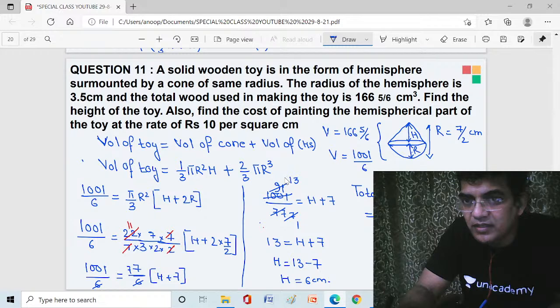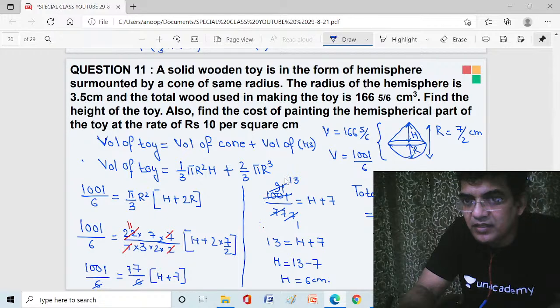This is of no use now. Now I need to find the cost of painting the hemispherical part. So for that I need to find first of all the surface area of the hemispherical part.